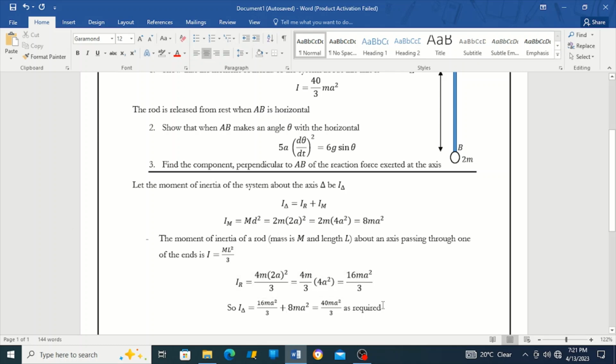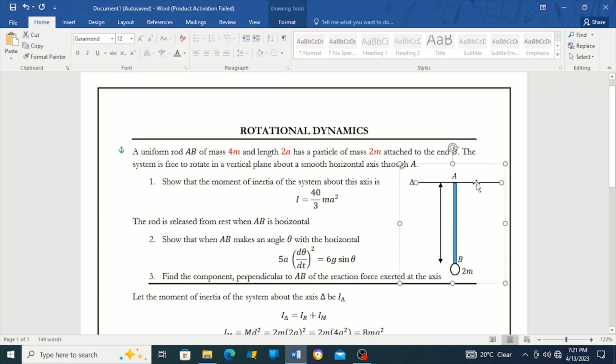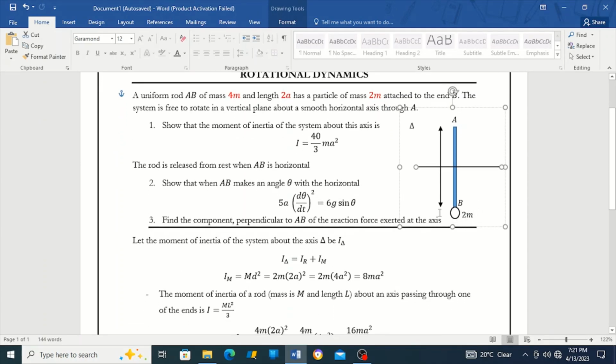If maybe we are asked to find the moment of inertia when the axis was passing through the center of the rod, then the moment of inertia of our 2m is going to be the mass times the distance from the particle to the center of the rod, which is a, because the rod is 2a.